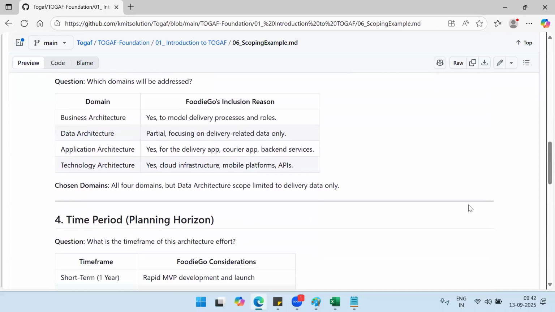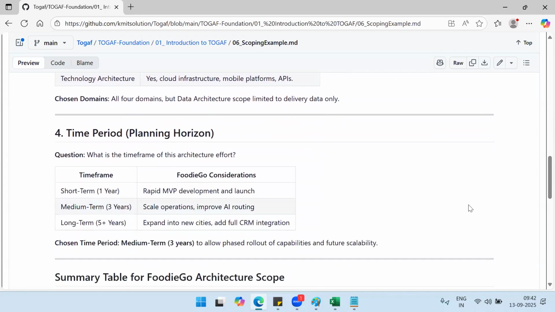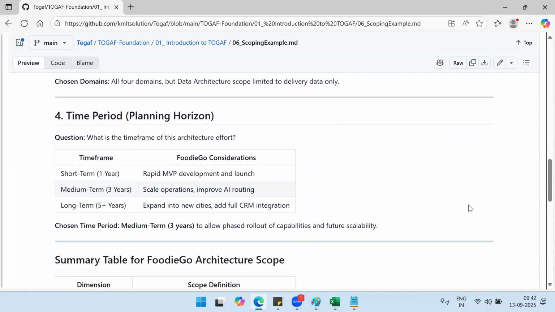Architectural domain, you can decide which I need to use: business, data, application, or technology. Then the time period: it could be 1 year, or for example 3 years. A medium term of 3 years allows a phased rollout of the capability and future scalability.